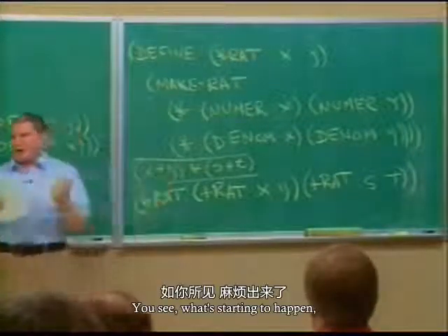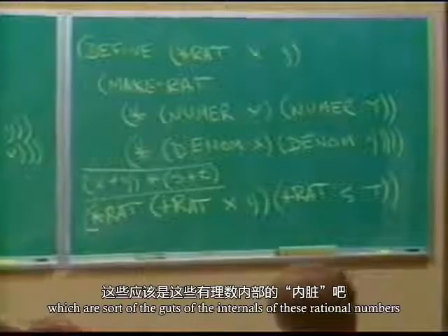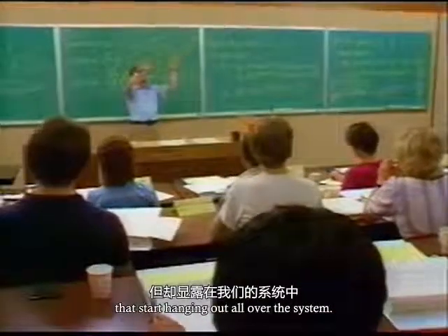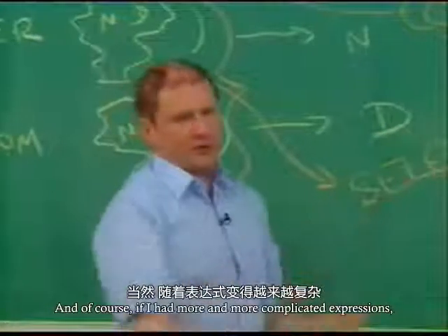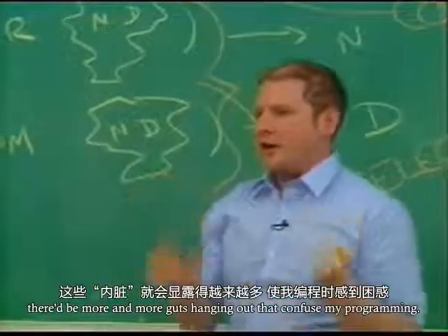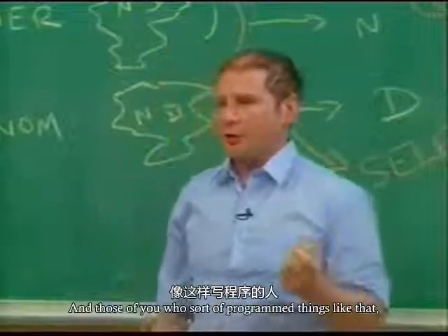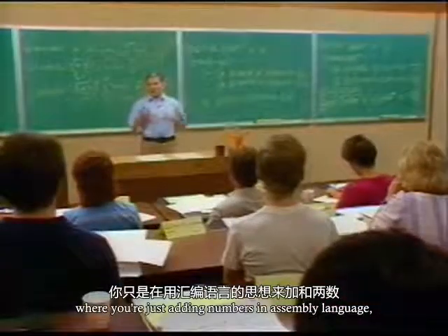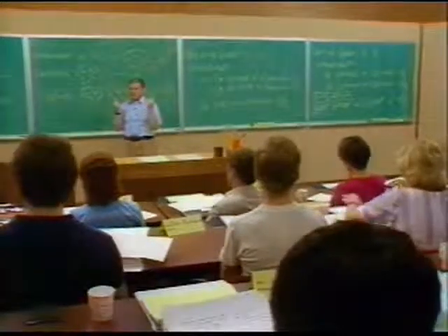You see what's starting to happen? There are all these temporary variables, which are sort of the guts of the internals of these rational numbers, that start hanging out all over the system. And of course, if I had more and more complicated expressions, there'd be more and more guts hanging out that confuse my programming. Those of you who have programmed things like adding numbers in assembly language see you have to suddenly be concerned with these temporary variables.